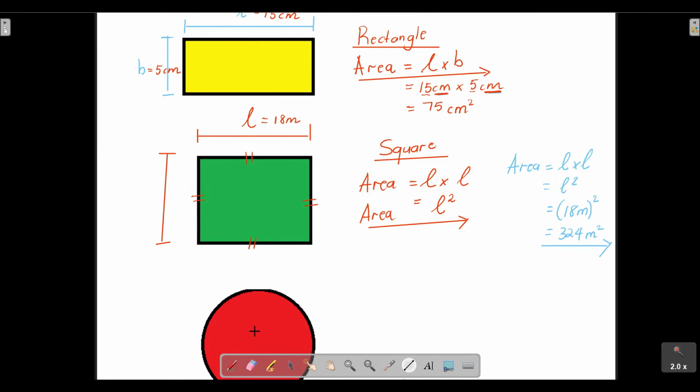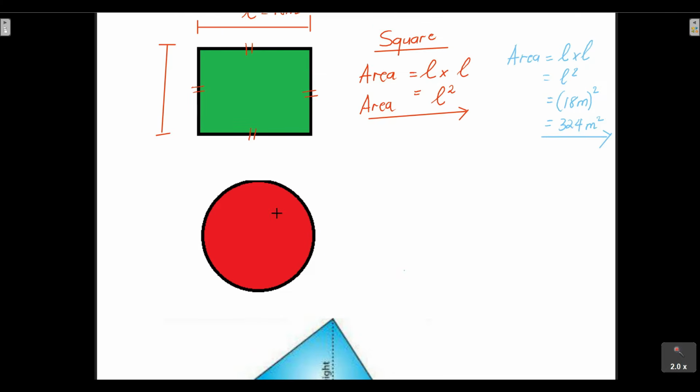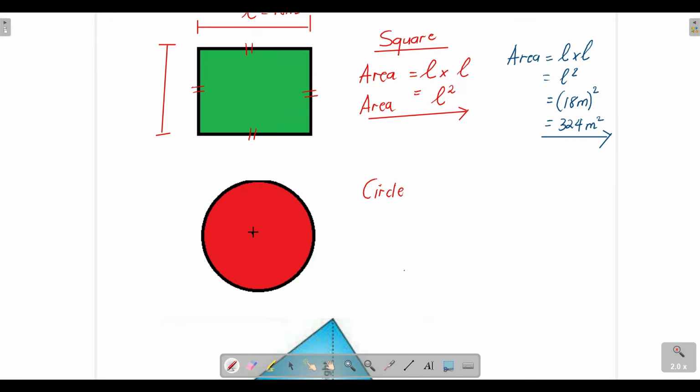Now let's have a look at calculating the area of a circle. If you're given a circle, it's very important that you note whether you are given the diameter of the circle or the radius.